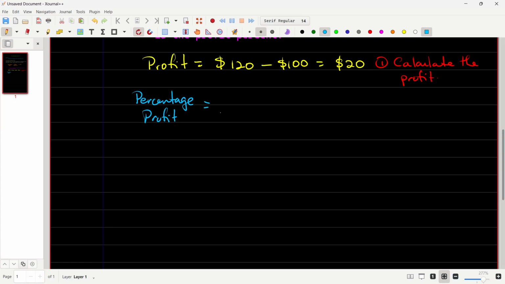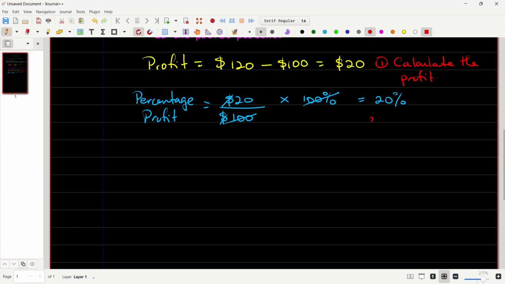For percentage profit, following the formula, we're taking that $20, which is the profit that we make, dividing it by the cost price, which in this case is $100, and multiplying by 100%. Notice that we write that profit as a fraction of the cost price, and then we multiply it by 100. We cancel here, and the symbols cancel as well, and we get 20%.